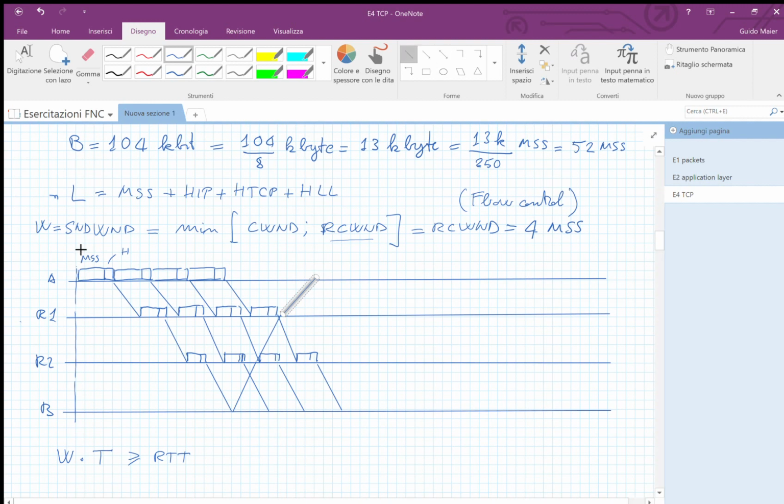This interval that you have from sending the first packet to the reception of the first ACK is the round trip time. Okay, this is round trip time.